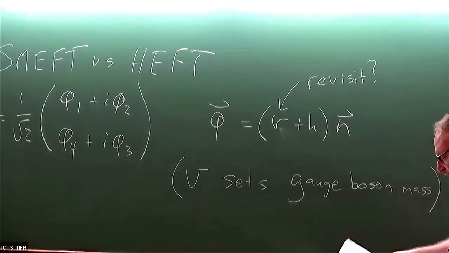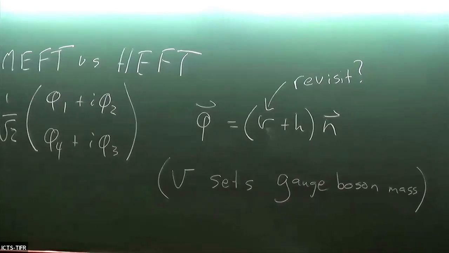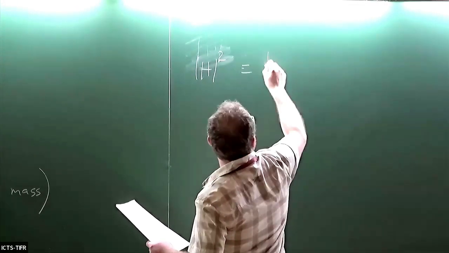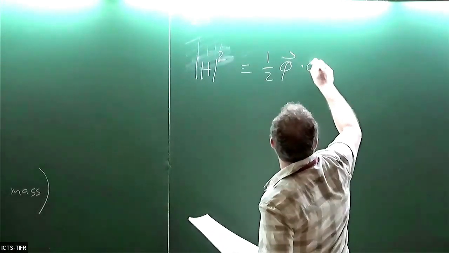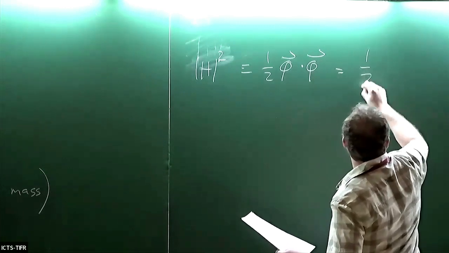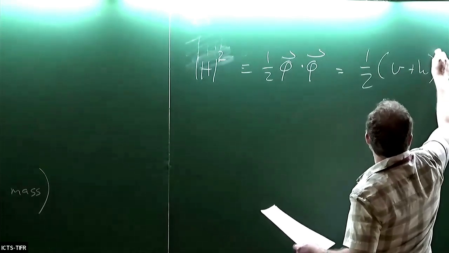Okay, good. So let's start by just writing the operator mapping for these operators that appear in these low dimension versions of HEFT and SMEFT. Okay, so here's a dictionary. H squared is 1/2 phi dot phi is 1/2 (v plus h) squared.